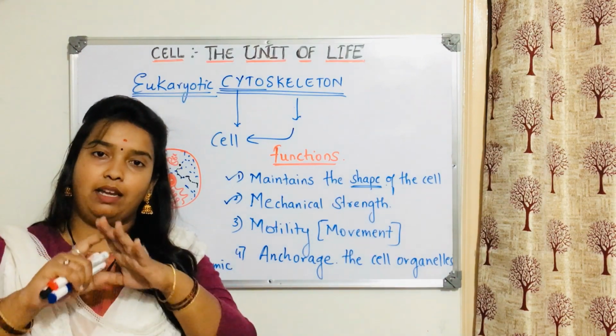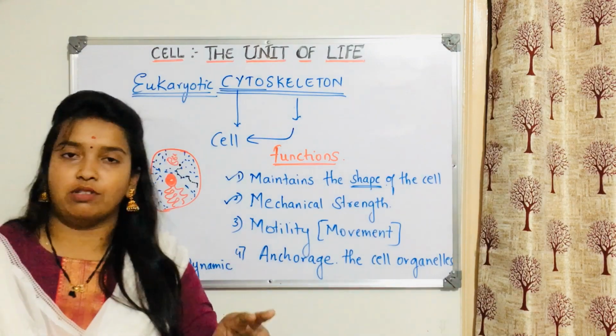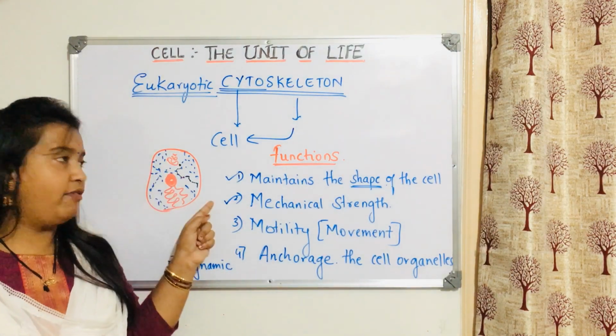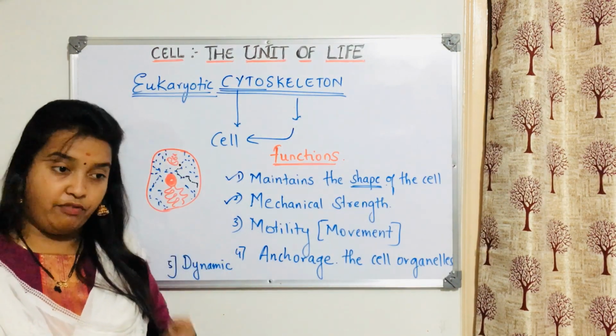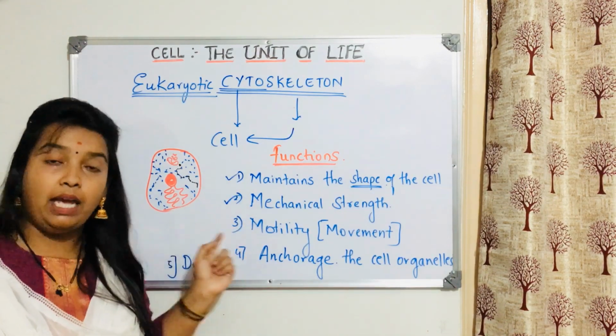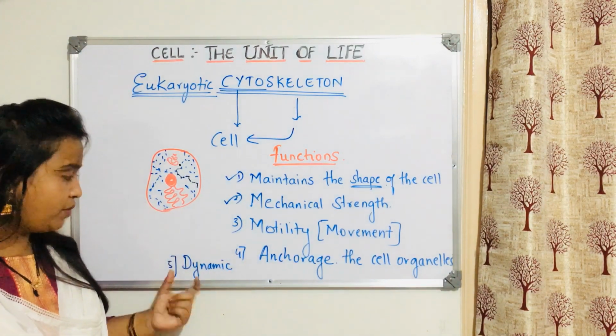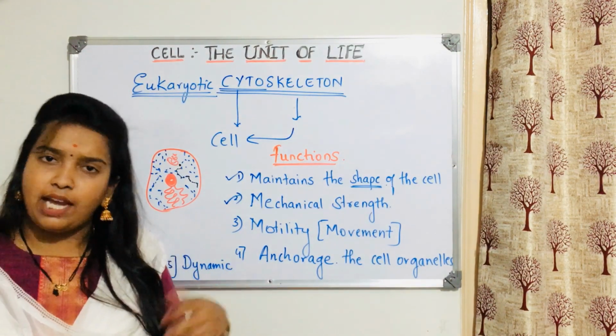Nothing is going to be complex when it is moving on the cytoskeleton. So it makes a way for that. The cytoskeleton acts like a track for the material which needs to be moved within the cell. And dynamic, I said, means it can change.